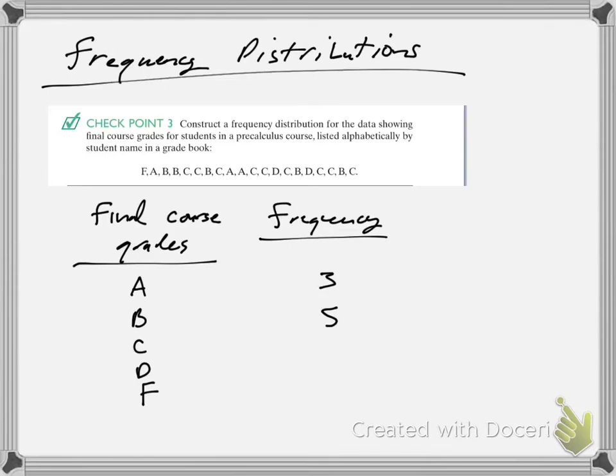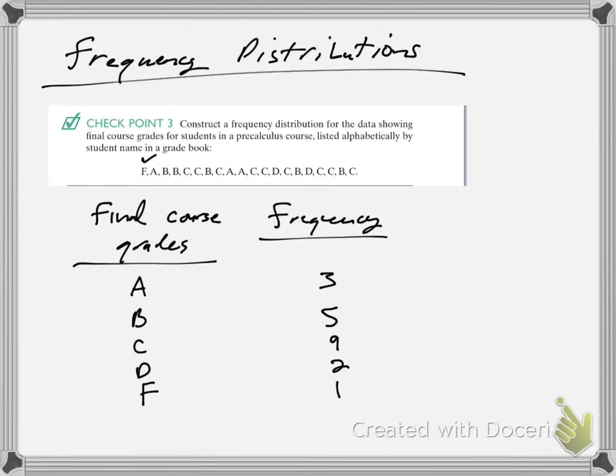How many C's? 1, 2, 3, 4, 5, 6, 7, 8, 9. So there's 9 of those. And then D's. Looks like there's 2 of those. You get the idea. This is pretty simple, right? And then F's is just 1.